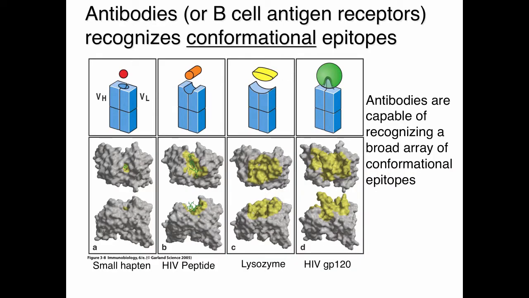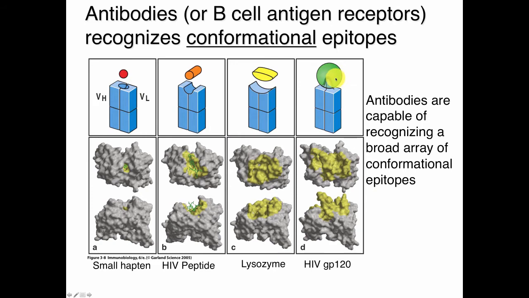Now, the way B-cell antigen receptors, or immunoglobulin molecules, or when they're secreted antibody molecules, recognize antigen is illustrated on this slide. And what you can see is that the variable portion of the antibody molecule can recognize different shapes depending on the specificity of that receptor. So in this case, it's recognizing the little round red guy.